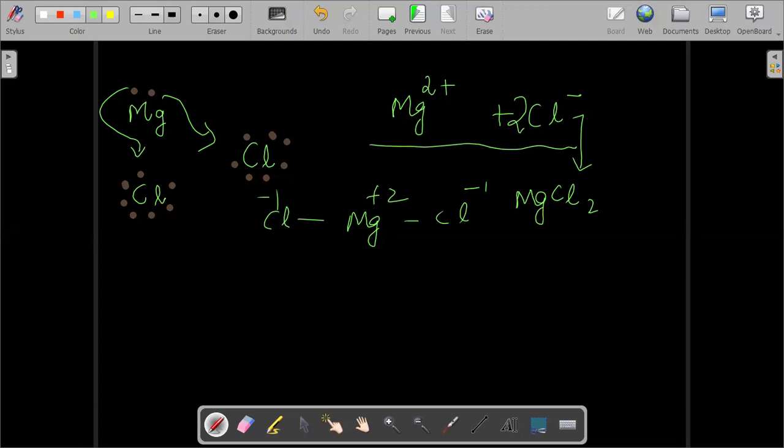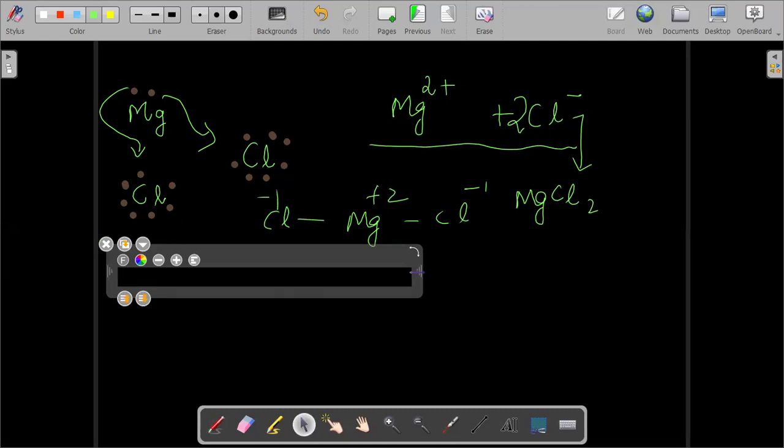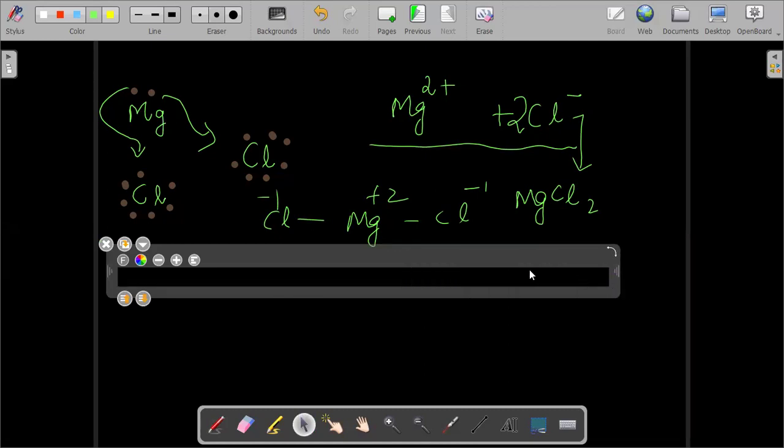Now let us try to get some of the properties of ionic compounds. So what are the properties of ionic compounds?